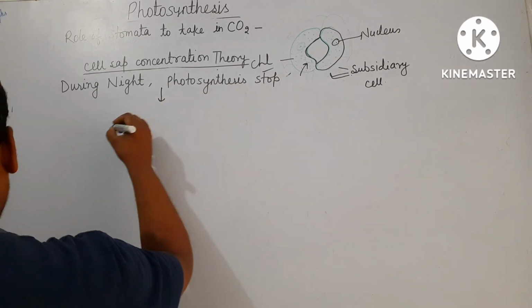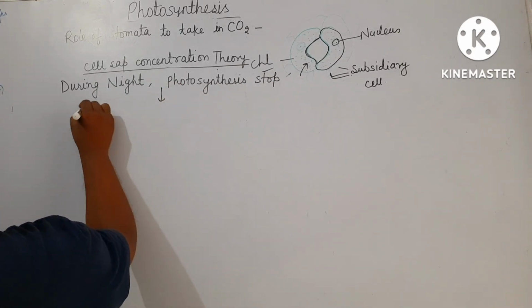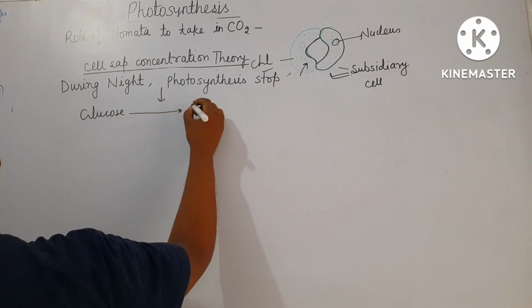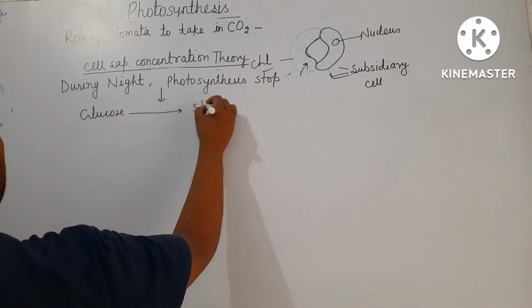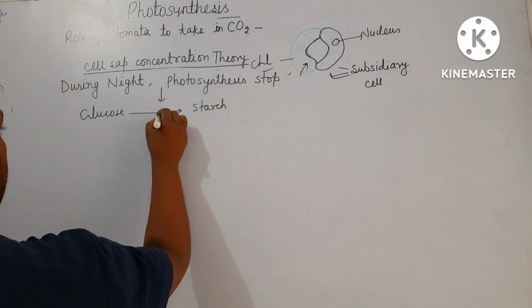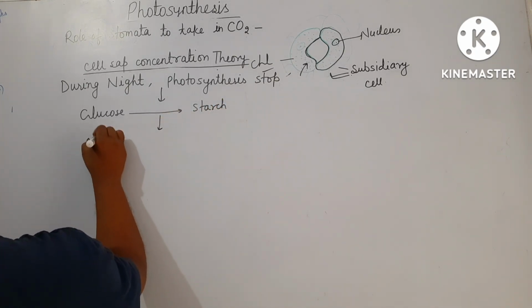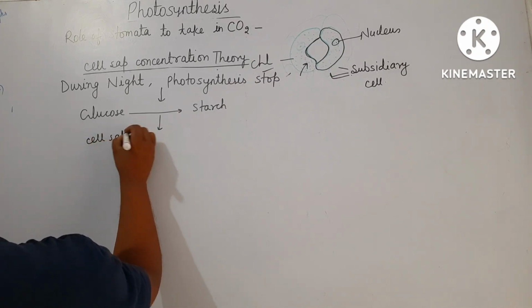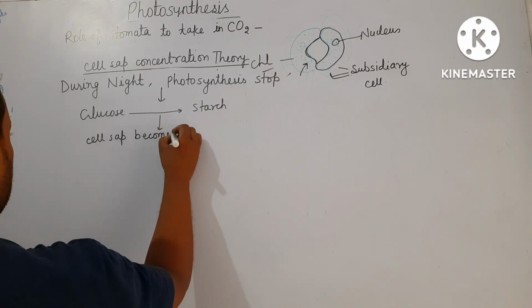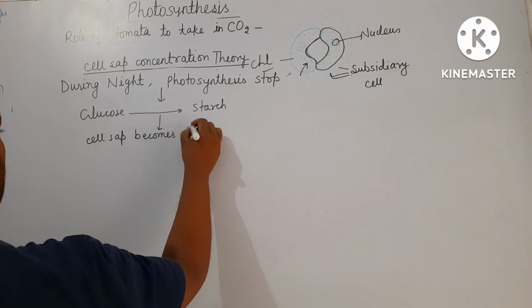Okay, so glucose converts into starch. Okay, so finally the cell sap becomes hypotonic.